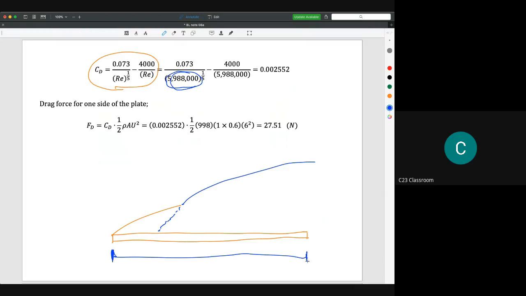So we could get the CD is around 0.002552. So we substitute into this equation. I think you already know this equation. It is quite general. You have CD 1/2 rho A U squared. We substitute everything and you could get that the drag force here is around 37.51 newtons.